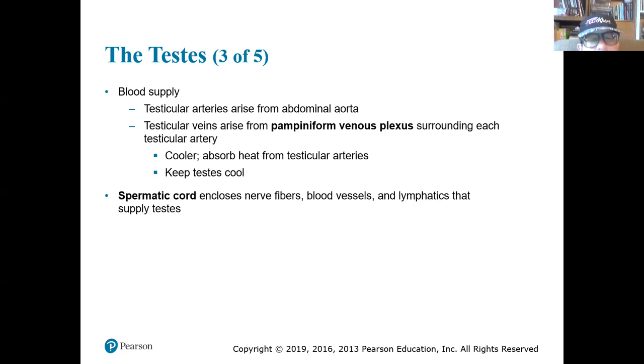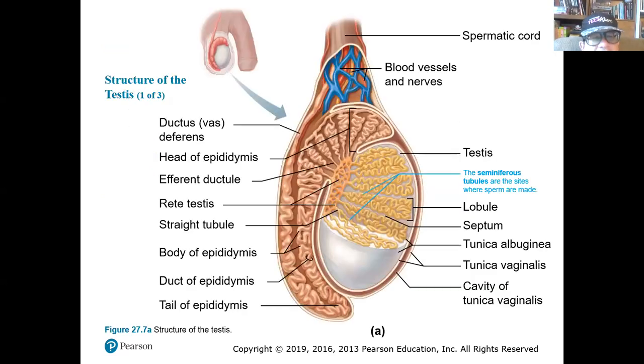So the spermatic cord has inside of it nerve fibers, the blood vessels we just described in the pampiniform plexus, and lymphatics that supply the testes. Here we have a cross-section drawing of a testicle and an epididymis, and you can see that the testicle is divided into lobules with septa between them.